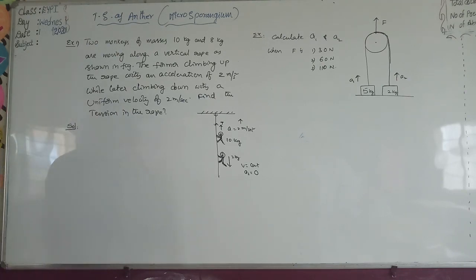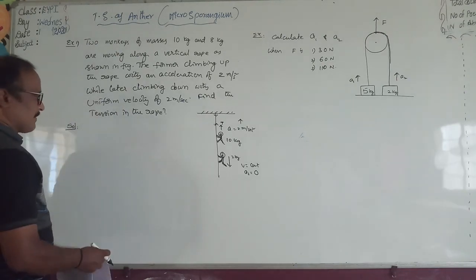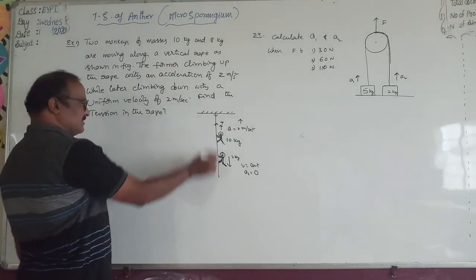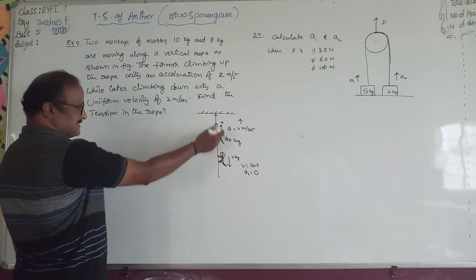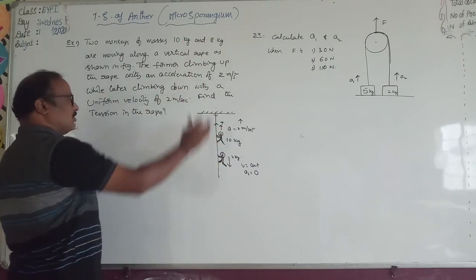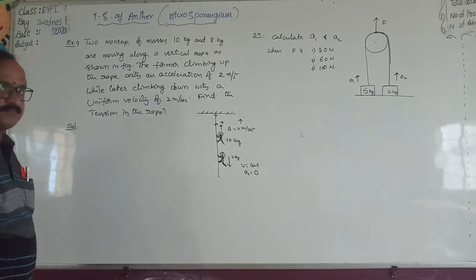Very easy. See, whatever force is acting upwards, it is only the tension. The weights of both the monkeys act in the downward direction. Only one monkey moves vertically upward with an acceleration.